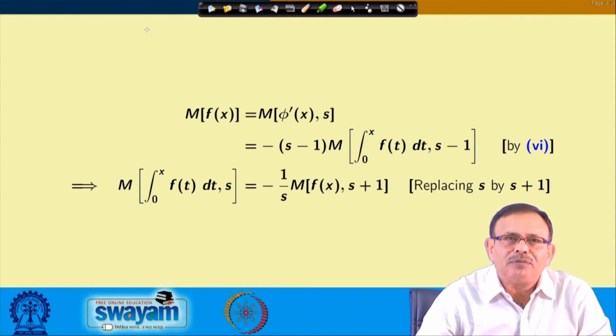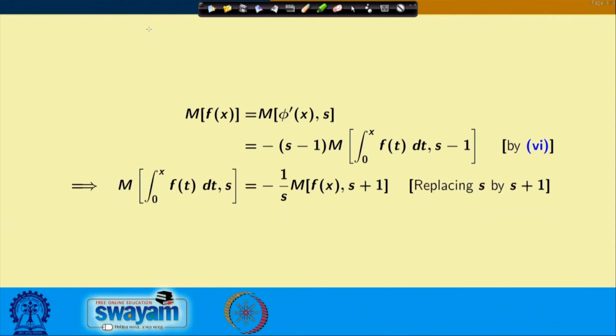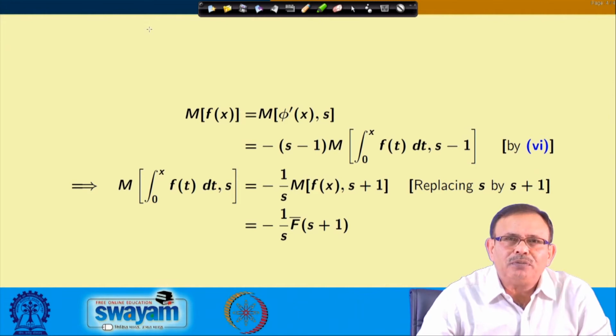From here you can write the Mellin transform of the integral from 0 to x of f(t) dt with the parameter s equals minus 1 by s times the Mellin transform of f(x) with the parameter s plus 1, that is, f bar of s plus 1, which completes the proof.